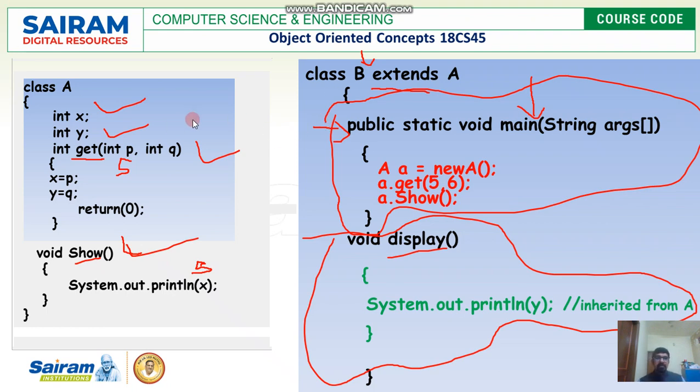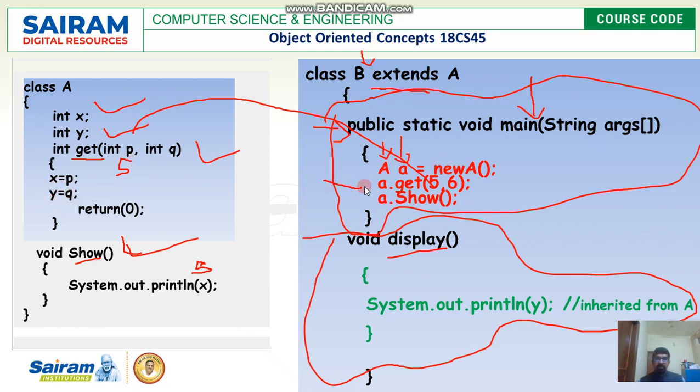Inside the main method we have created an object of class A, named with a small letter a. Using this, I access the method in the superclass, passing 5 and 6 as parameters. These are passed to the variables, and P is assigned to x and Q is assigned to y.